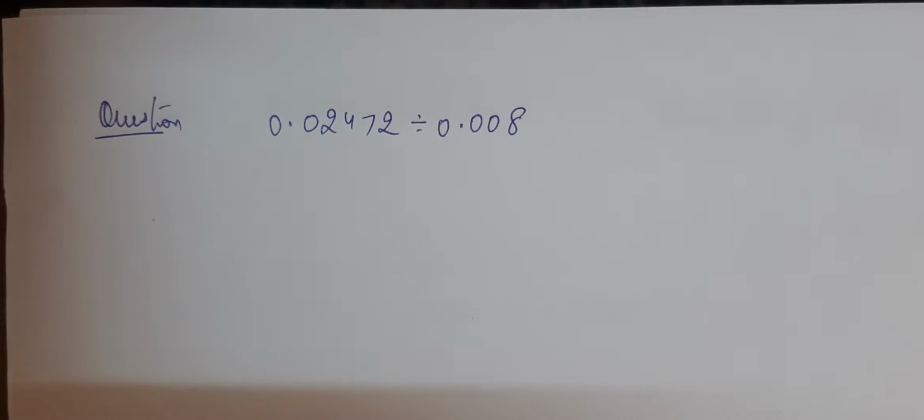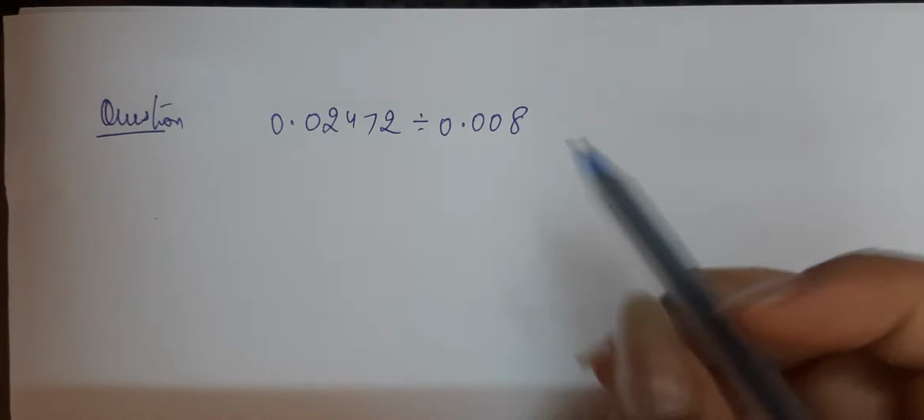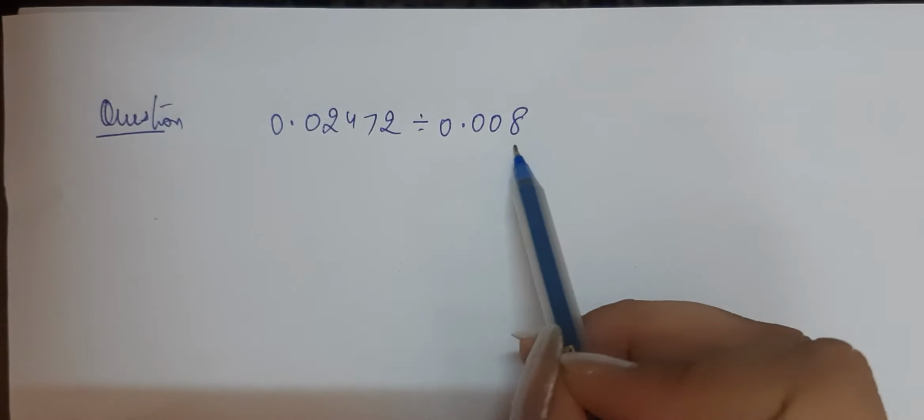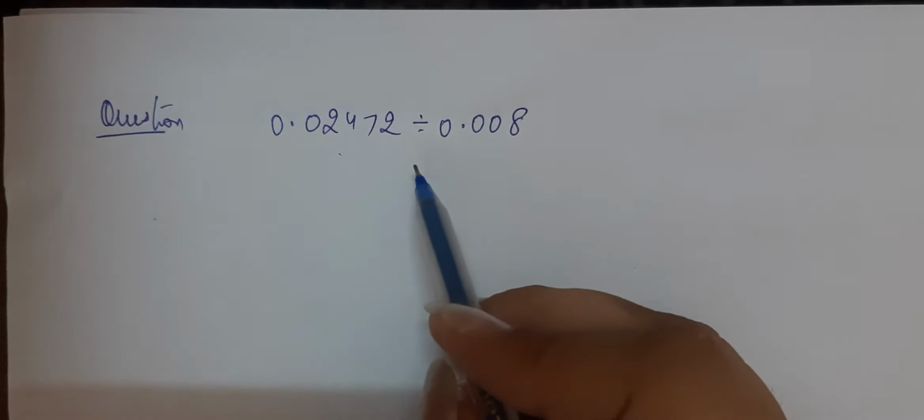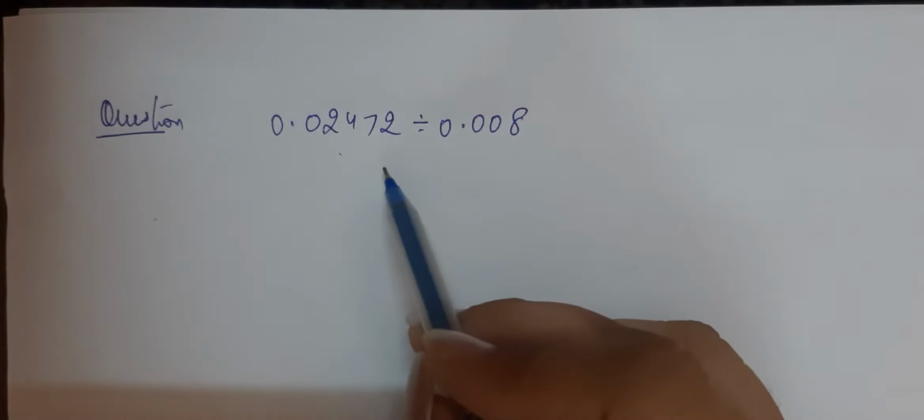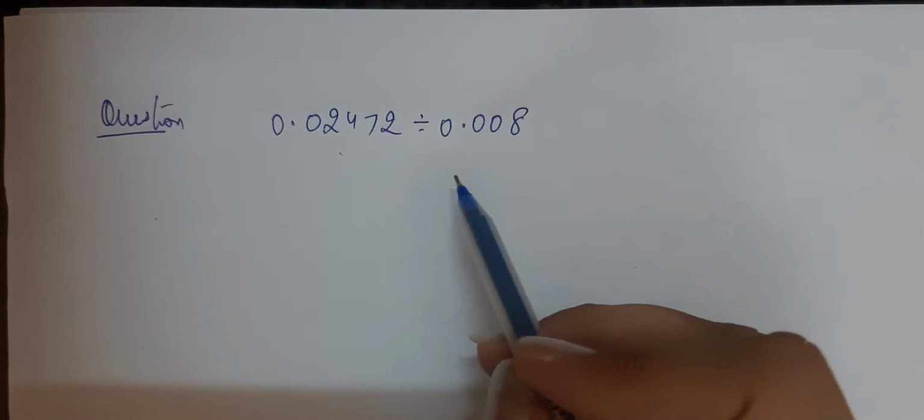Let's suppose the question here is 0.02472 divided by 0.008. If the number is big like this, and there is a decimal place in the divisor as well as in the dividend, what we can do is first cancel out the decimal terms if we want.